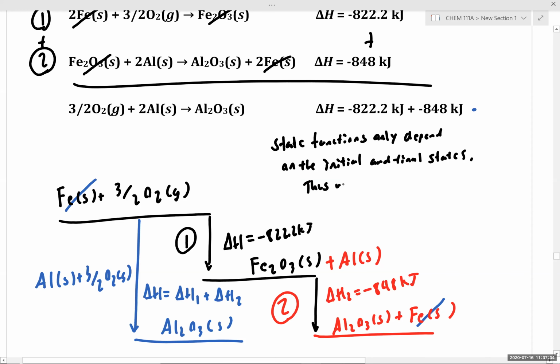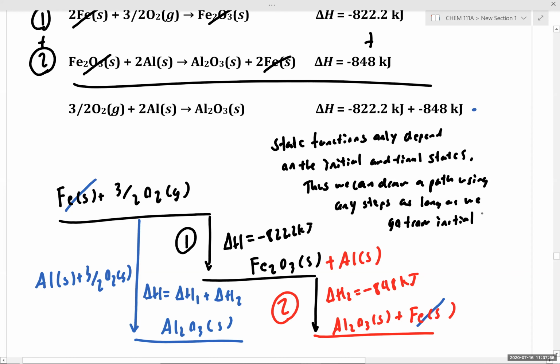Thus, we can draw a path using any steps as long as we go from initial to final. So as long as our individual steps get us from our initial to our final state, we can draw any individual steps that we want.